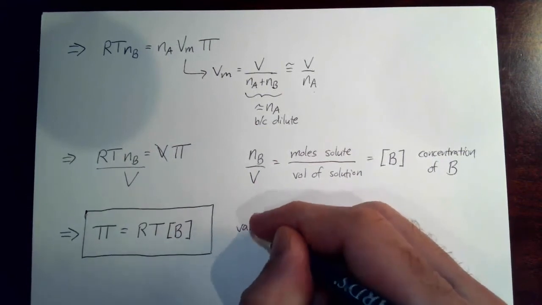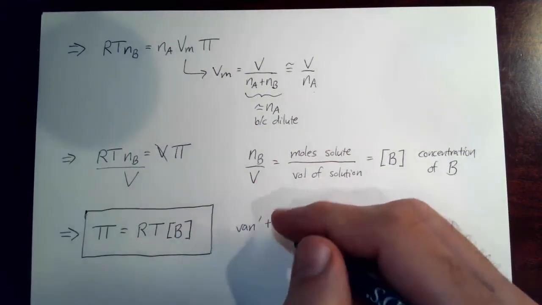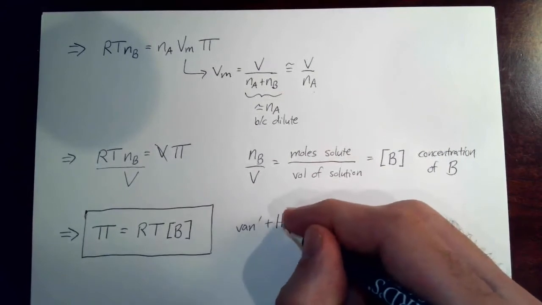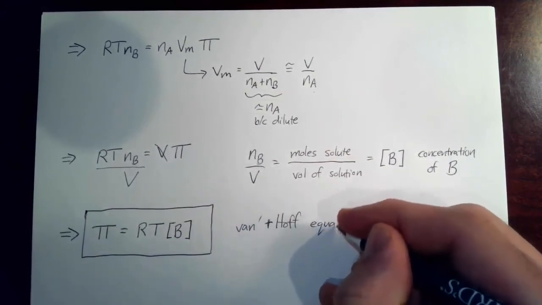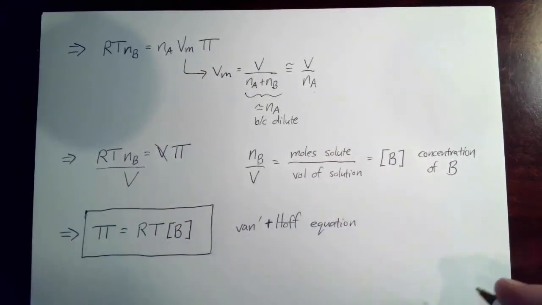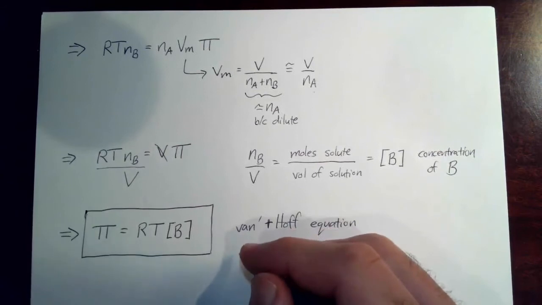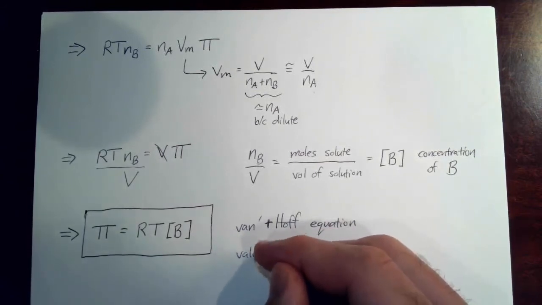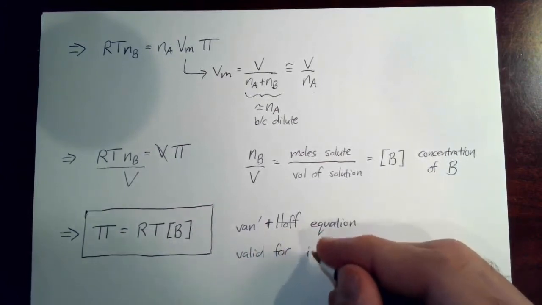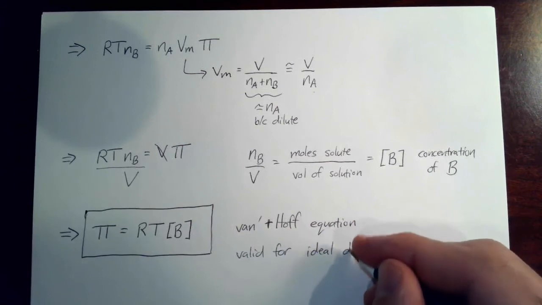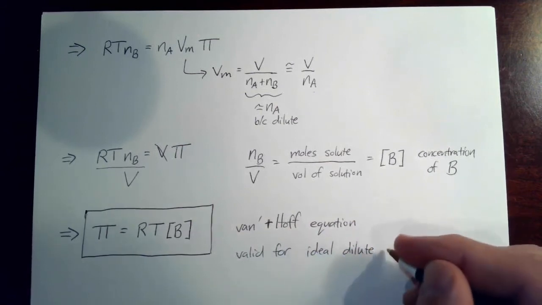And this equation is called the Van 't Hoff equation. And remember, in getting to this equation, we assumed that it was, so this is valid for ideal solutions that are dilute. So I'm going to call that ideal dilute solutions.